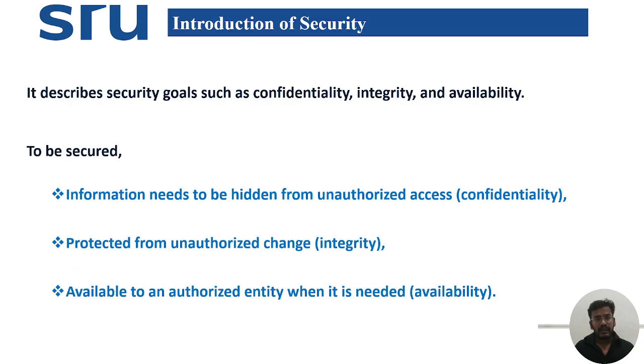So here we will introduce security. Security is nothing but the goals of confidentiality, integrity and availability. We need to secure data from someone who wants to access it without permission.